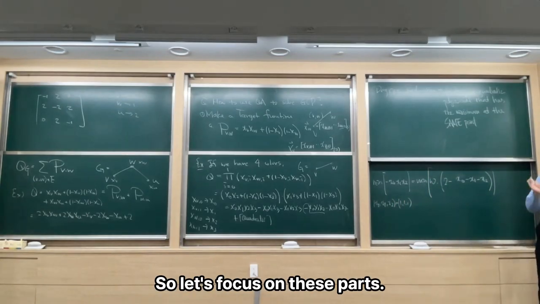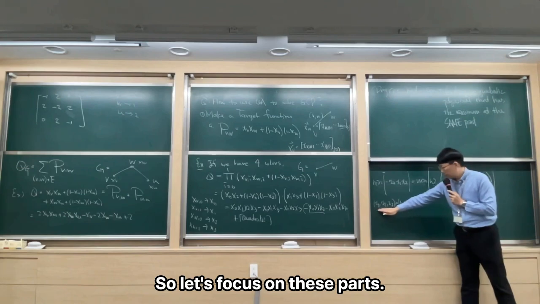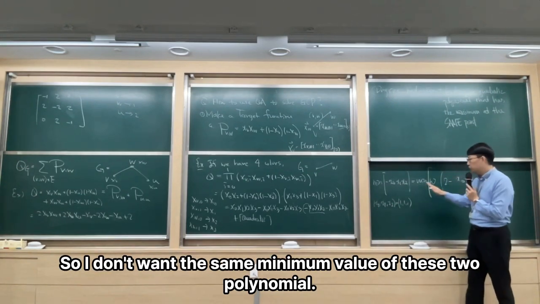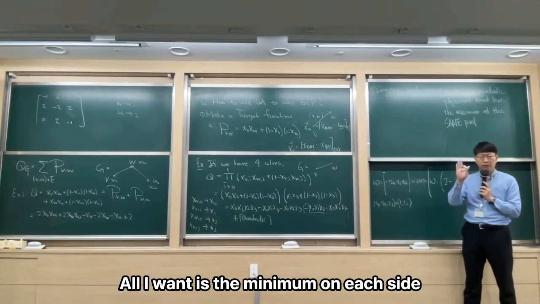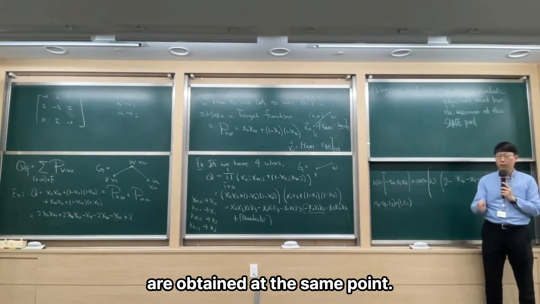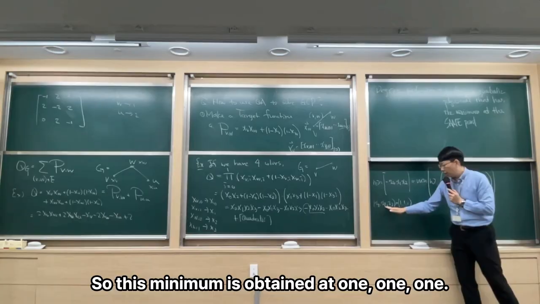Okay, so let's focus on these parts. I don't want the same minimum value of these two polynomials. All I want is that the minimum on each side is attained at the same point. So this minimum is attained at 1, 1, 1.